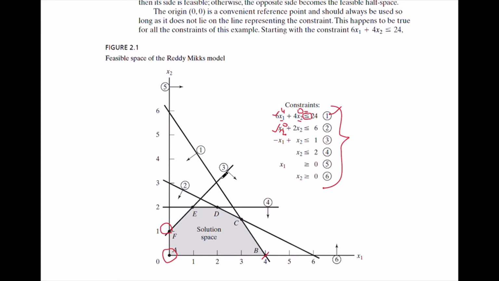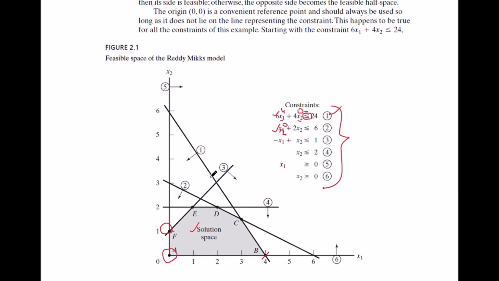For equation 1, the solution space is this whole area, but for equation 2, it is only this area and not this part. This part is a solution area for equation 1 but not for equation 2. Our aim is to find the common solution space.